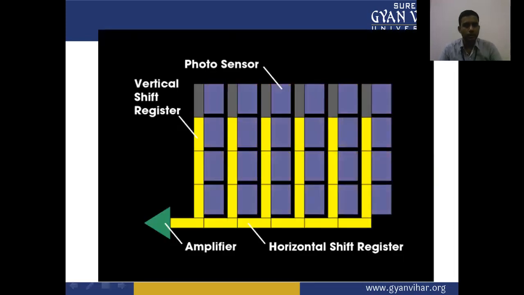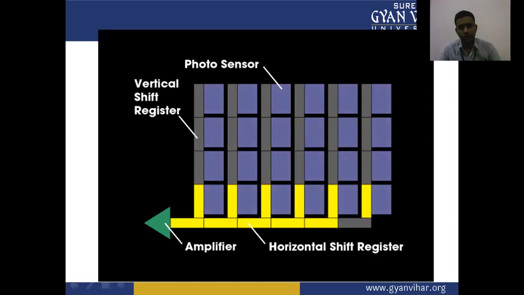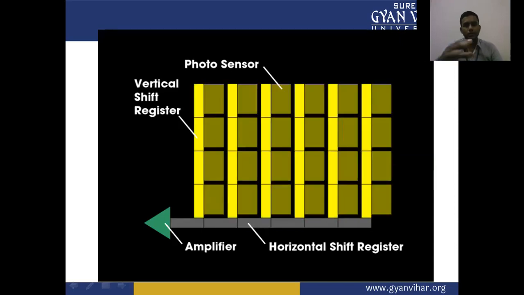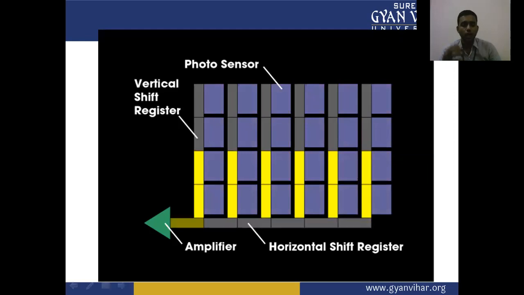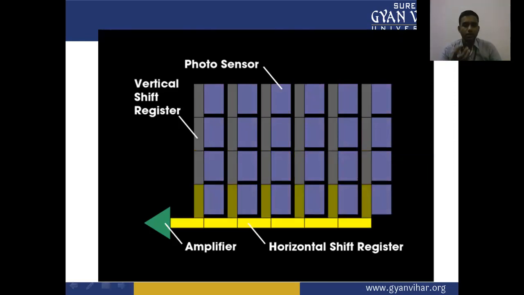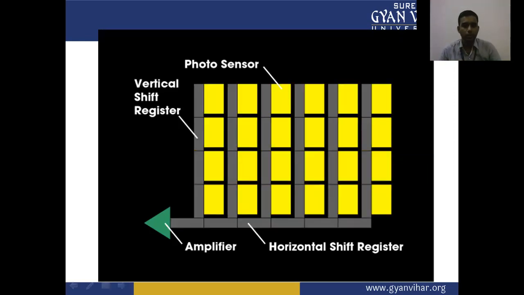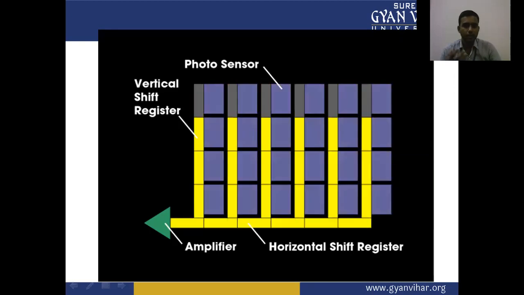So this is the photosensor, and we have vertical shift registers, horizontal shift registers, and an amplifier. Through this diagram, you are able to understand the concept of how the image is developed in the CCD camera. The image is converted into the electrical signal.